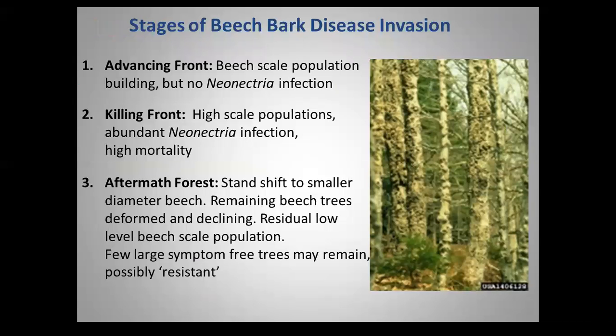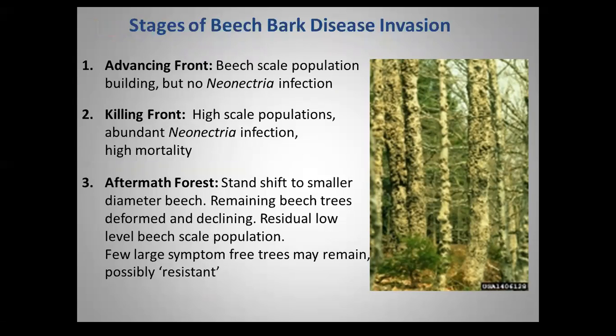There have been 3 stages of beech bark disease defined that are typically referred to. The first is the advancing front, and that is to describe a situation where beech scale is present in the population, but there's not any Neonectria infection that has yet occurred.